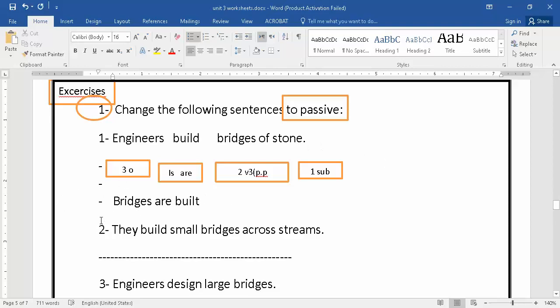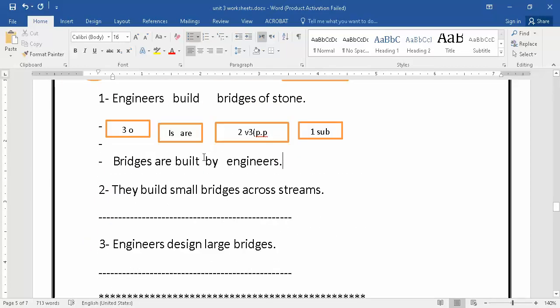Bridges comes at the beginning. Are because bridges is plural. Built is verb 3. At the end we add by before the subject. What is the subject? The subject is engineers. Okay.